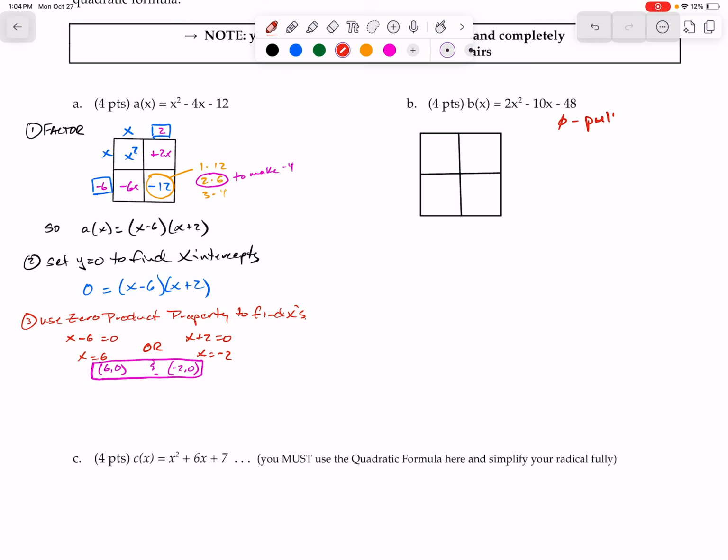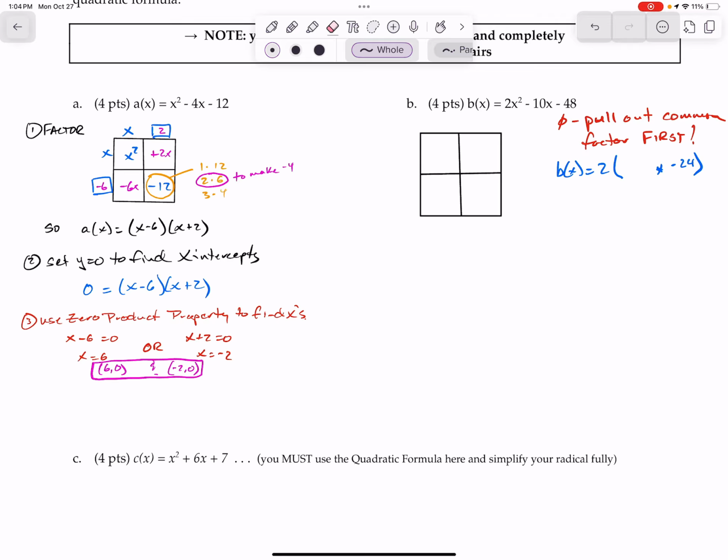Pull out the common factor first, so that then my equation is b of x equals 2 times x squared minus 5x minus 24. This is much easier to factor.